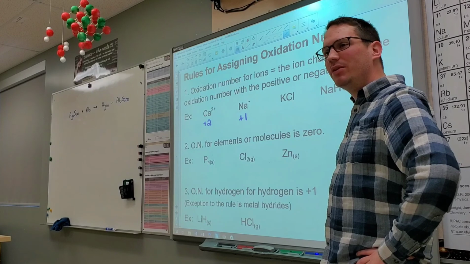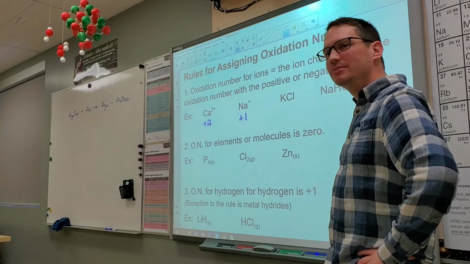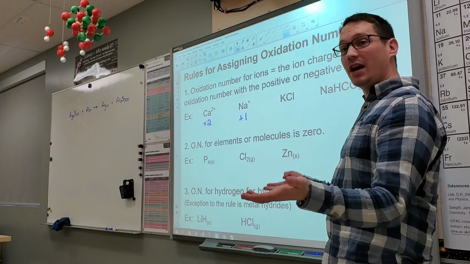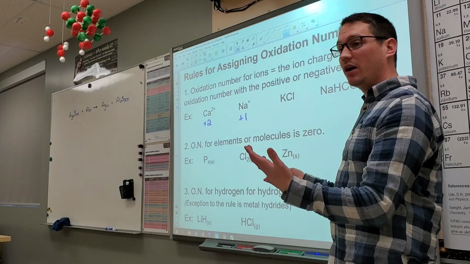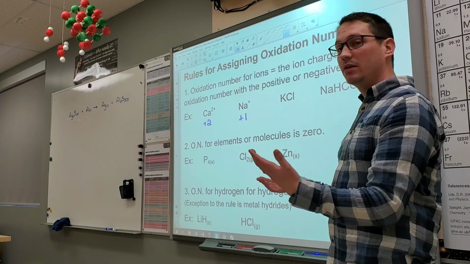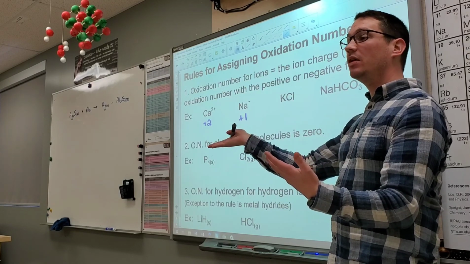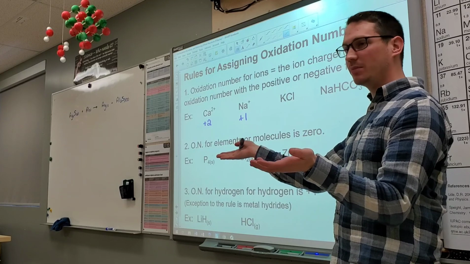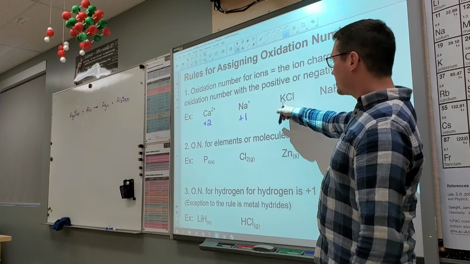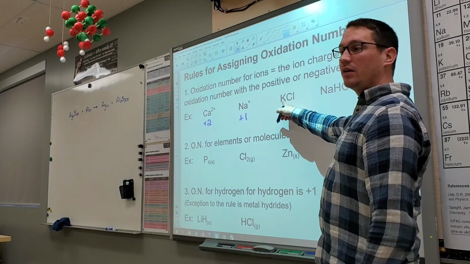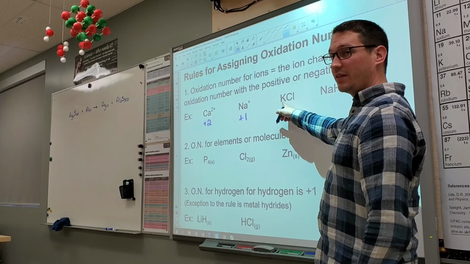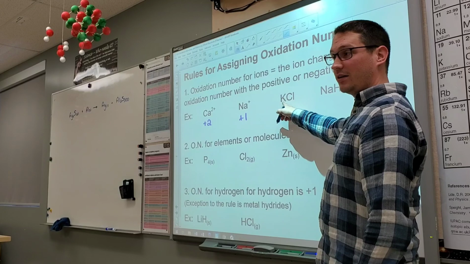You guys know anything about ionic compounds? Some of you do, right? So what is an ionic compound? How can you spot an ionic compound from a mile away? Starts with a metal or ammonium. Starts with a positive ion, okay? This K is a positive ion. Can you convince yourself that that is a positive ion? Yes.